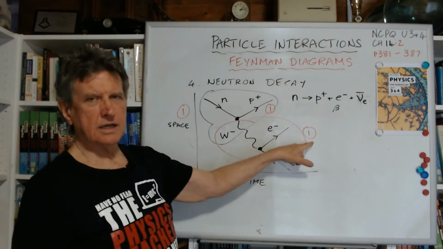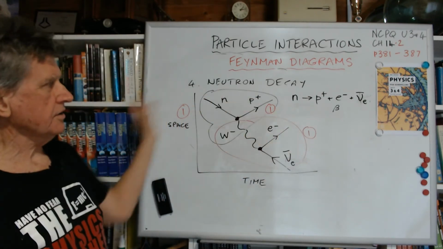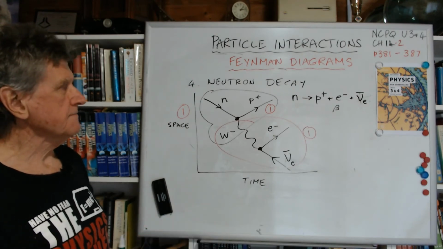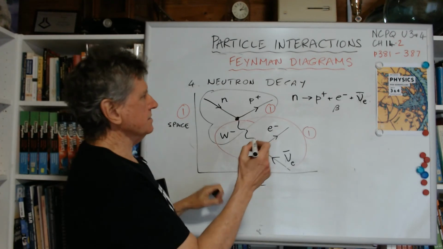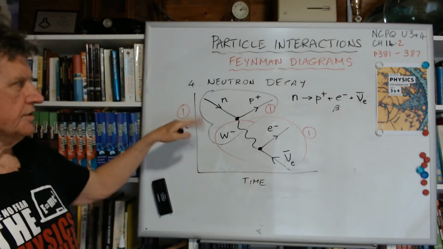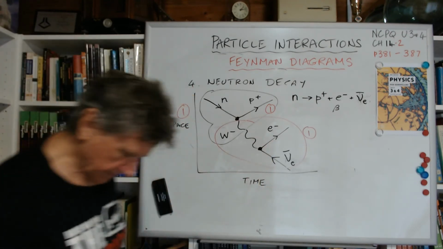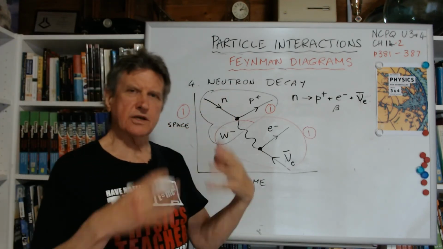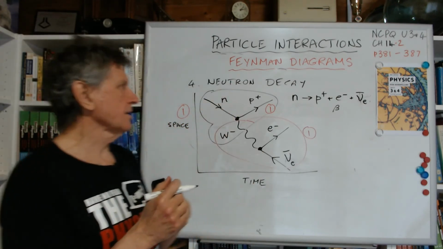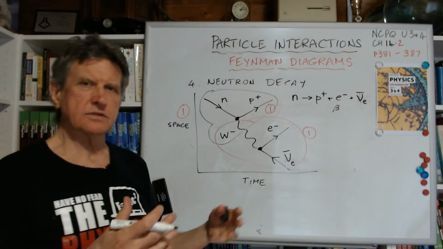Now there's 2 ways you can draw this. This is diagram 4. Now neutrons and protons aren't quarks, they're composites of quarks, and if you remember they're baryons. So this could be called the baryon picture of neutron decay.